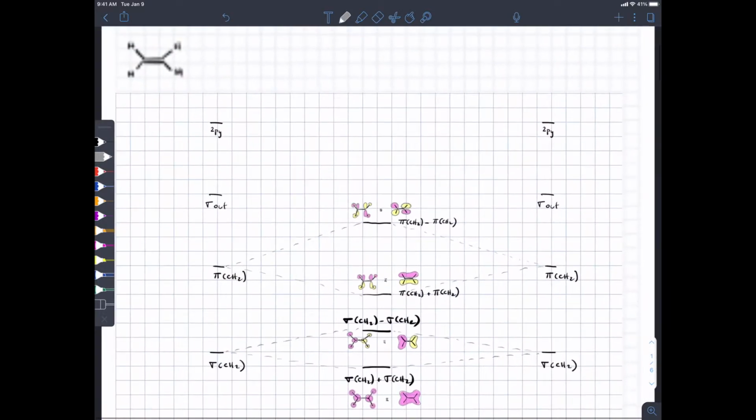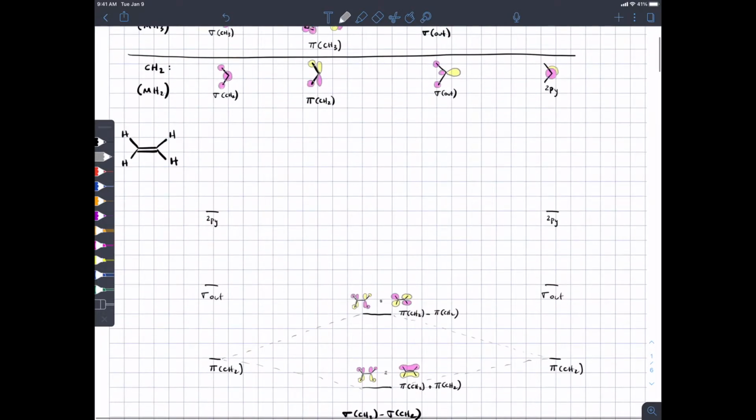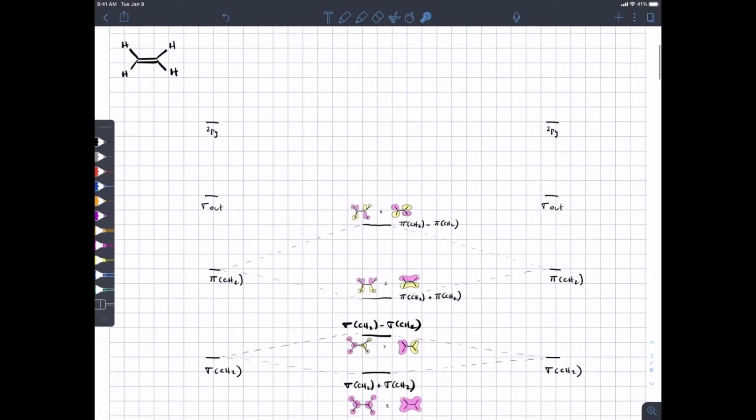Now, sigma out, remember, as we did before for ethylene, when you overlap two sigma out orbitals together, they overlap really well because the sigma out has this lobe that projects directly into the space between the two nuclei, unlike the sigma CH2. And so when you overlap two sigma outs together, you get a really stabilizing interaction.